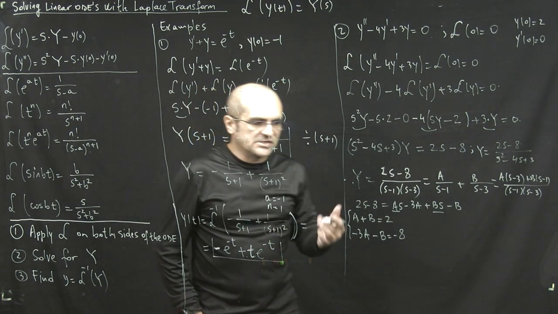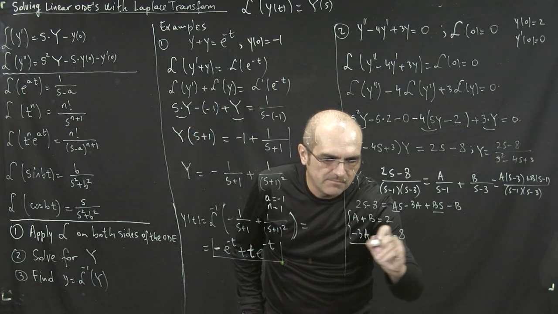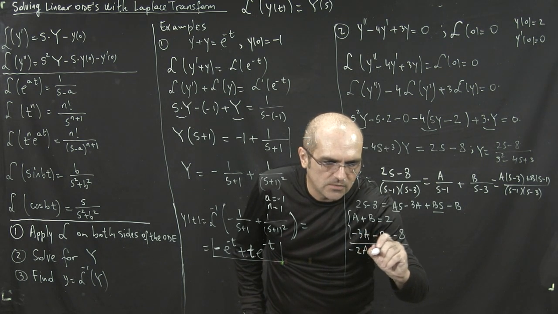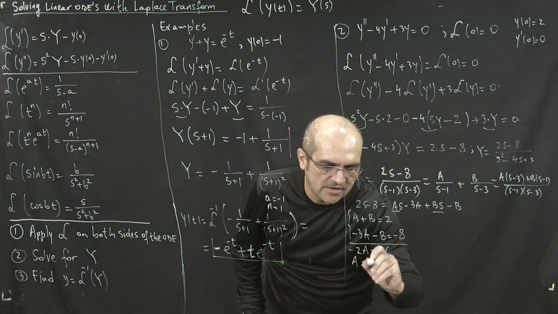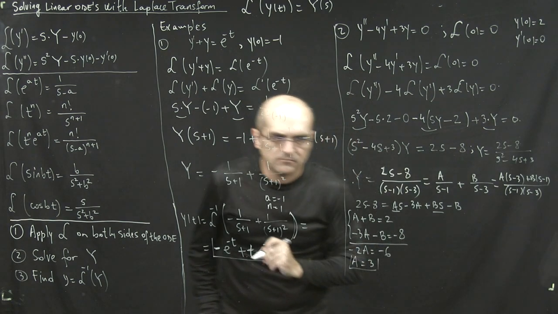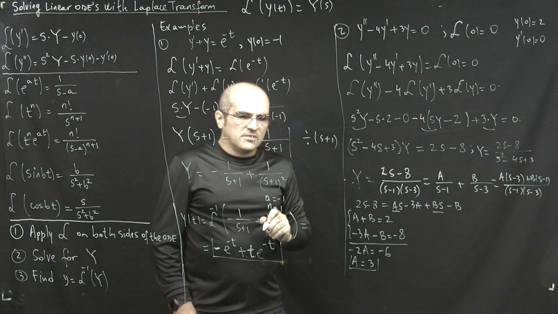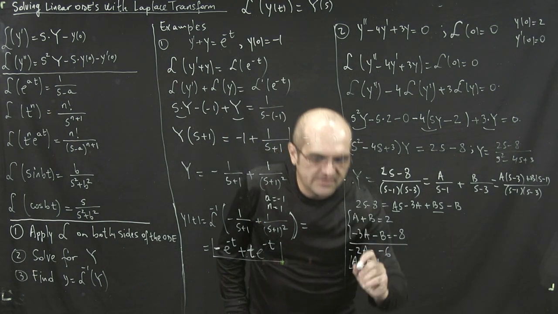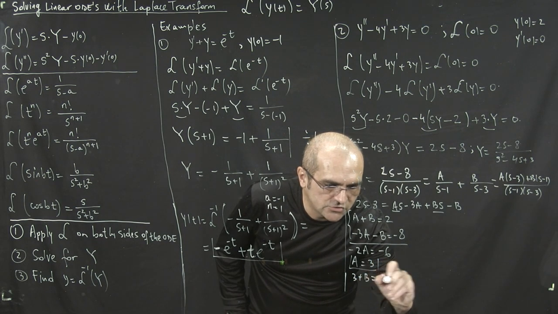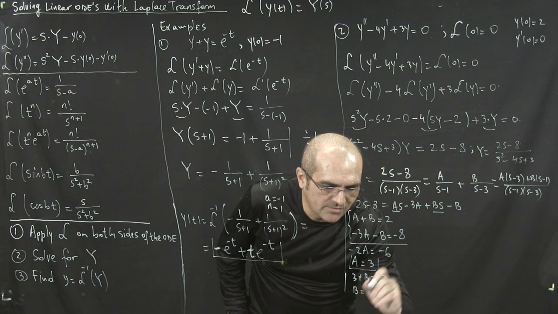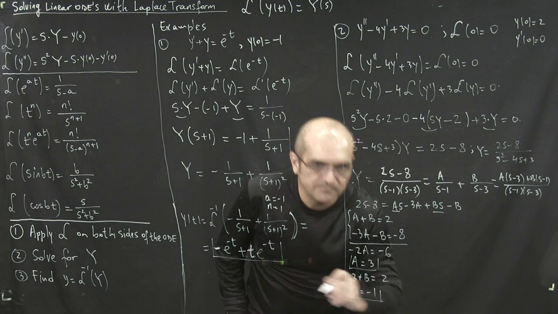In this case, you can just add the two to eliminate B. That gives you minus 2A equals minus 8 plus 2, that's minus 6, and then A is equal to 3. Then plug in 3 in the first equation, for example. 3 plus B equals 2, and so B equals 2 minus 3, which is minus 1.